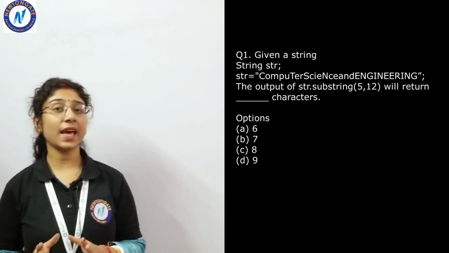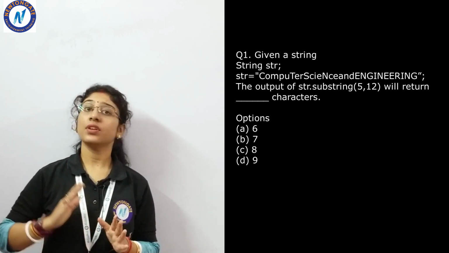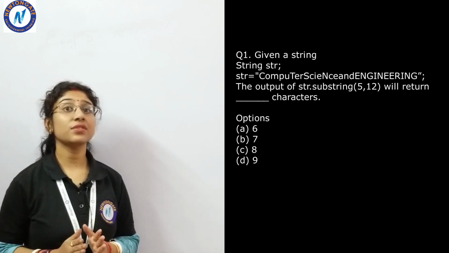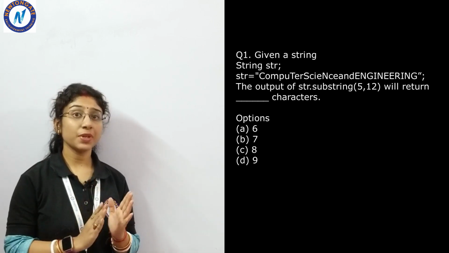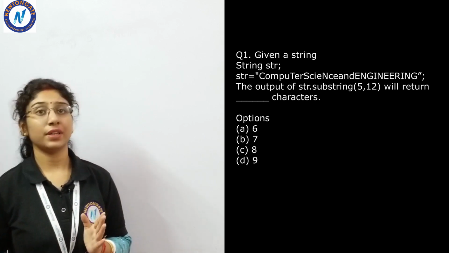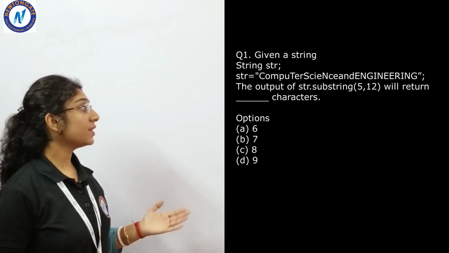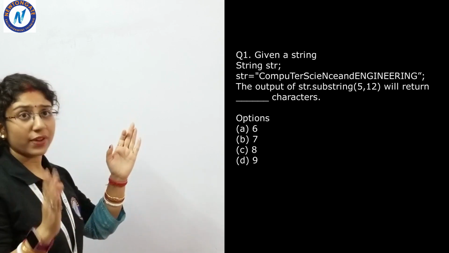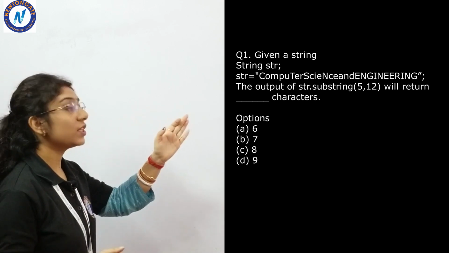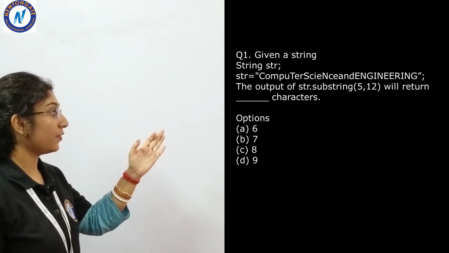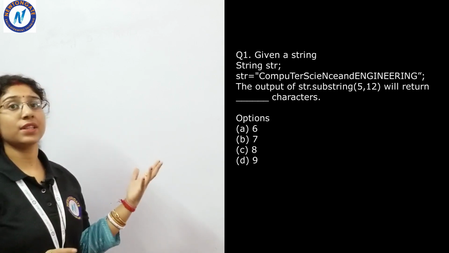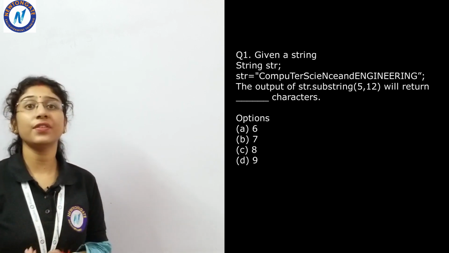So it will extract the characters from the 5th position and go up to 11, because we have discussed that substring will return from position P1 to P2 - 1. Here you can see the extraction will start from U, because U is located at position 5, and it will go up to I. The question is how many characters it will return.